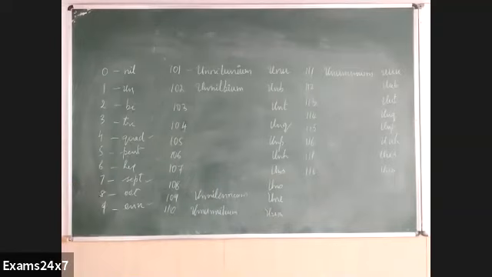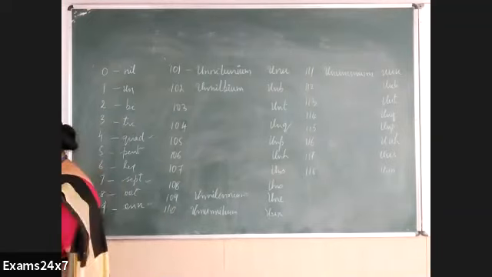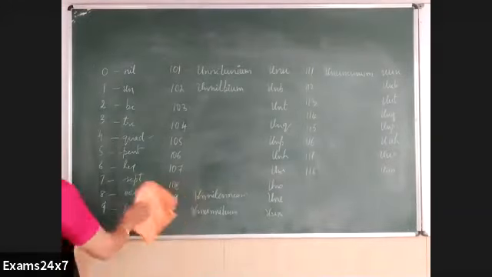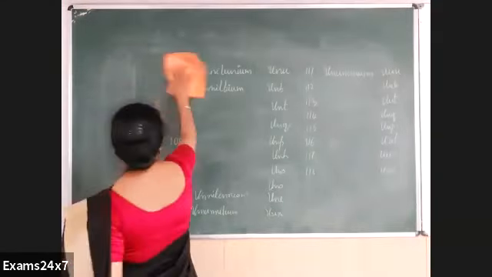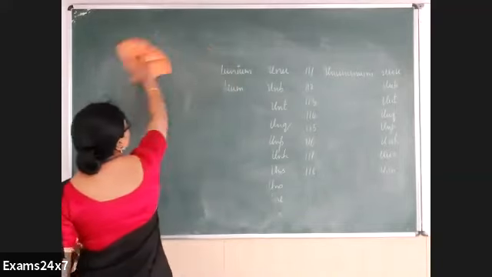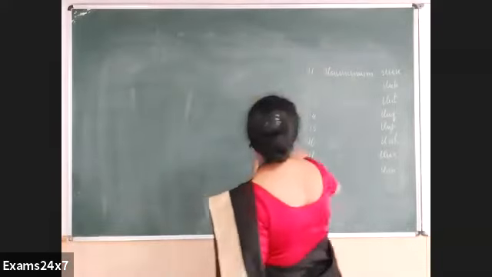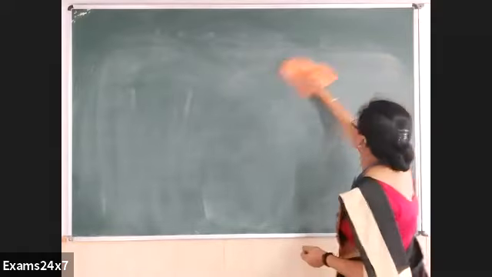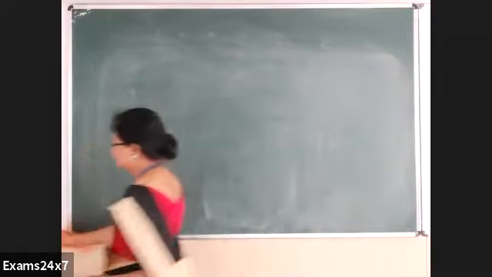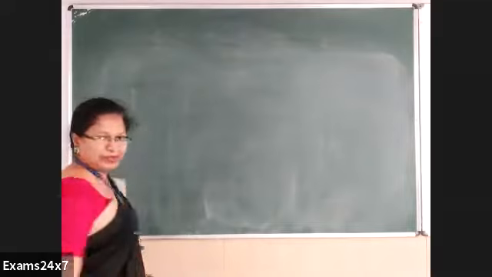Okay, we'll continue. This is clear, right? Symbol, everything. Periodic trends in the properties. Which are the periodic properties?